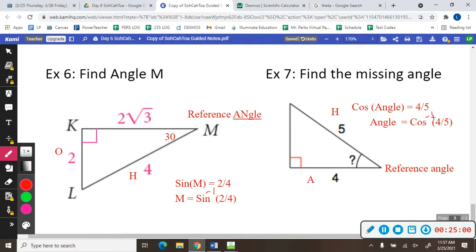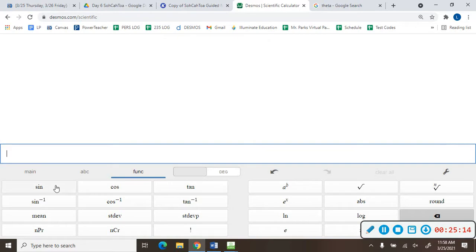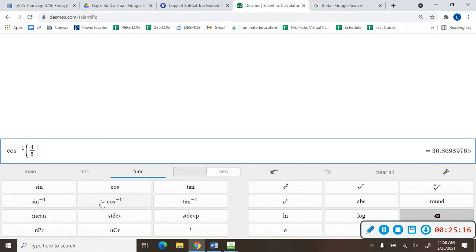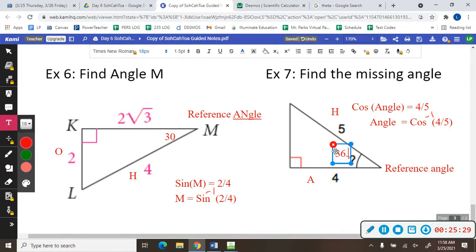So anytime you're trying to find an angle, you use the inverse function. If you're trying to find the length of a side, you use the regular function. So if I type in cosine inverse of 4 divided by 5, I get that this is 36.87. I'd say 36.9 degrees. So this is 36.9 degrees.